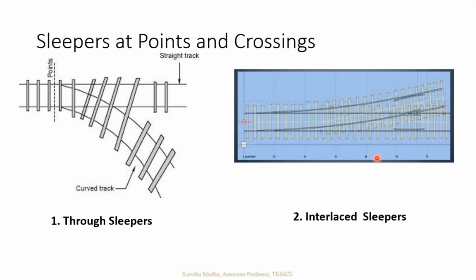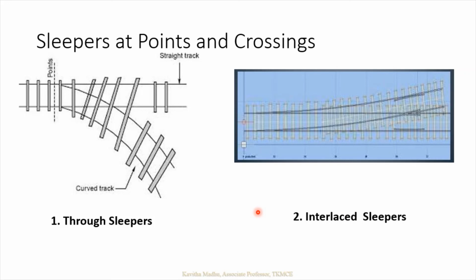Another problem associated with interlaced sleepers is that they deform more easily than through sleepers. The curved track often deforms, which is highly undesirable at points and crossings. Therefore, if through sleepers are available, they are preferred over interlaced sleepers. So that is regarding the sleepers provided at points and crossings.